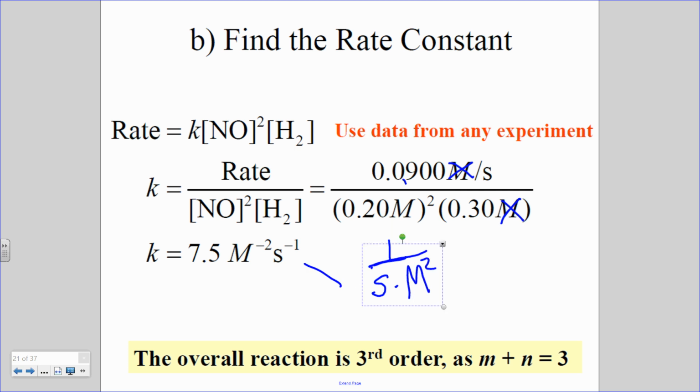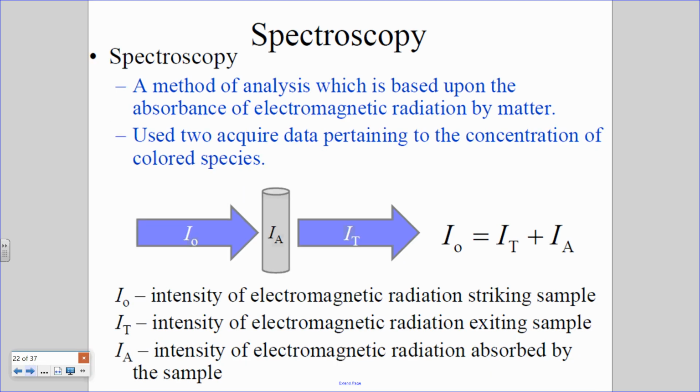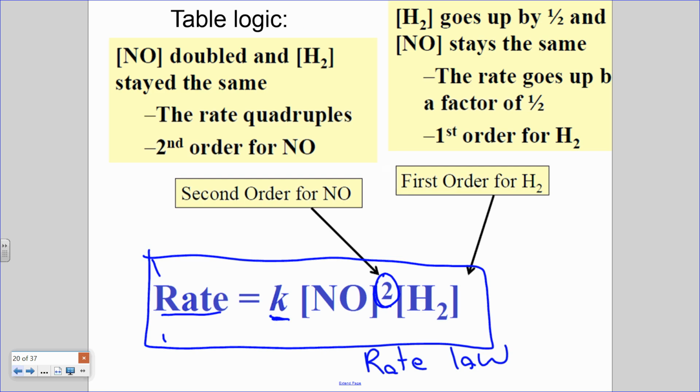And this is another way to write that. Again, units are important. I will always ask you to write the units for the rate constant. Okay. And we're going to stop here, and I will see you next time.